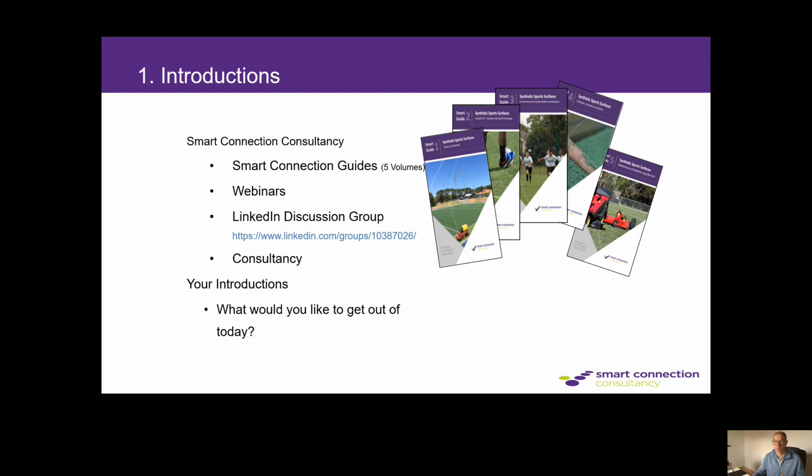We do this through webinars such as this. We've done 5 smart guides for you. And also we have a LinkedIn discussion group. We're not just about synthetic turf, we're actually about leisure planning. It's about getting more people active, getting more people out there, playing sport, participation growth. So that's what we're doing. And we just use this as one of the vehicles to get more people active.